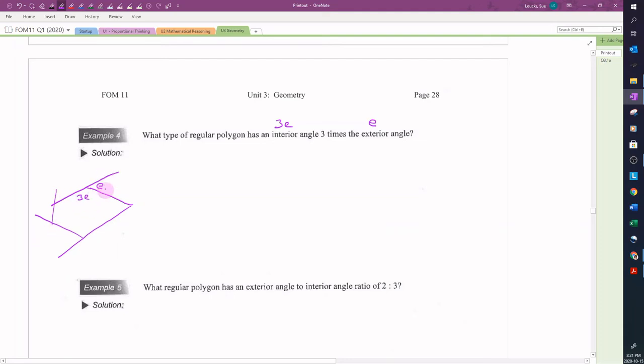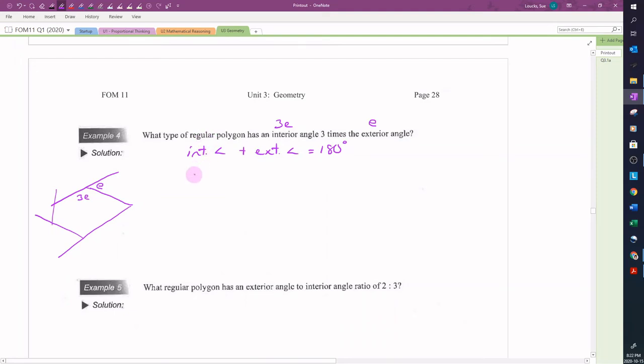So what do I know about my E and my 3E? Well, I know that my interior angle plus my exterior angle equals 180. So I'm going to write that down. The interior angle plus the exterior angle equals 180 degrees.